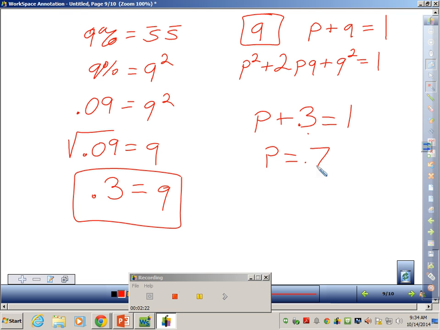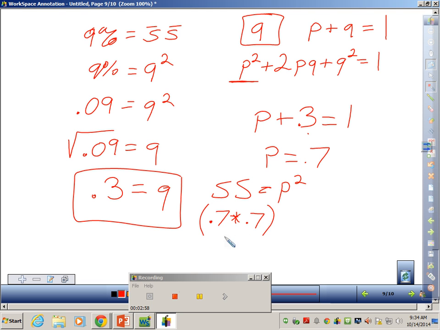Now the next one says C, the frequency of the homozygous dominant individuals in the African population. So now it's asking for P squared. It's saying how many of those individuals are big S, big S. Big S is another way of saying P squared. Do I know P? Yeah, P is 0.7. So that's like saying 0.7 times 0.7, right?